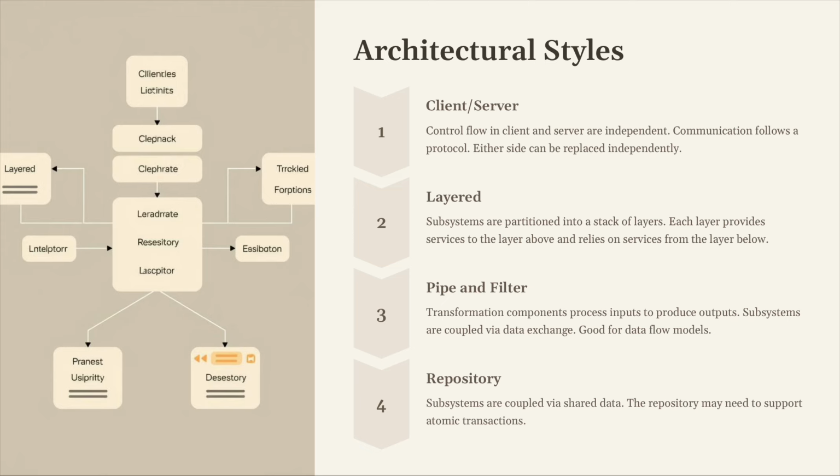The system is divided into layers, with each layer providing services to the one above it. This style is common in applications with a clear separation of concerns. Pipe and filters. Data flows through a series of processing components, each transforming the data. This style is great for data processing pipelines.